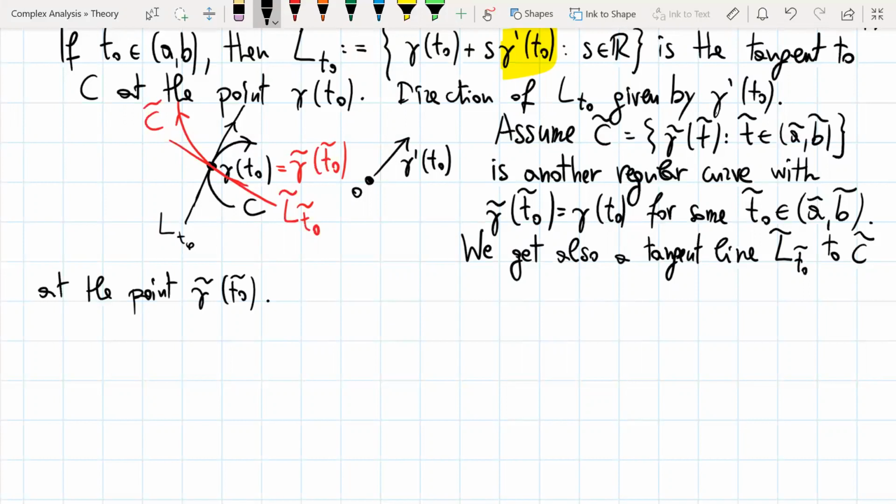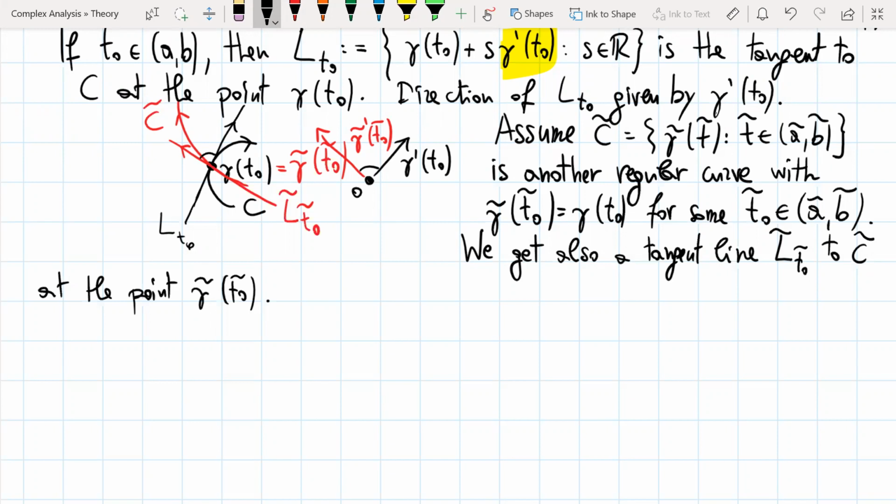So here you see this curve also has a direction given by gamma tilde prime(t0 tilde). This is, sorry, the vector gamma tilde prime(t0 tilde). And now the natural definition for an angle between these two curves would be to give exactly the angle between these two vectors, which is the same as the angle between the two tangents.